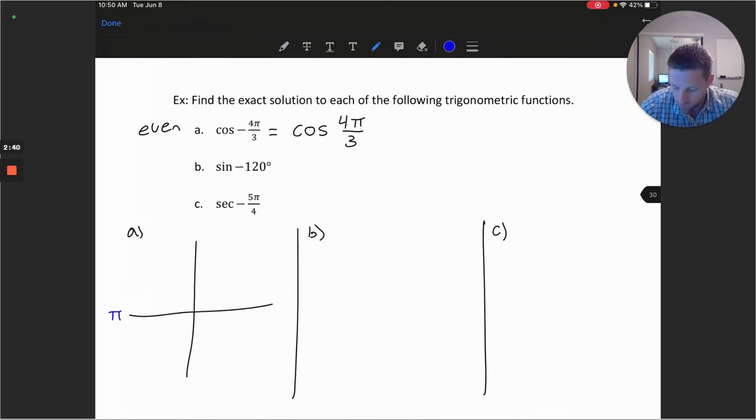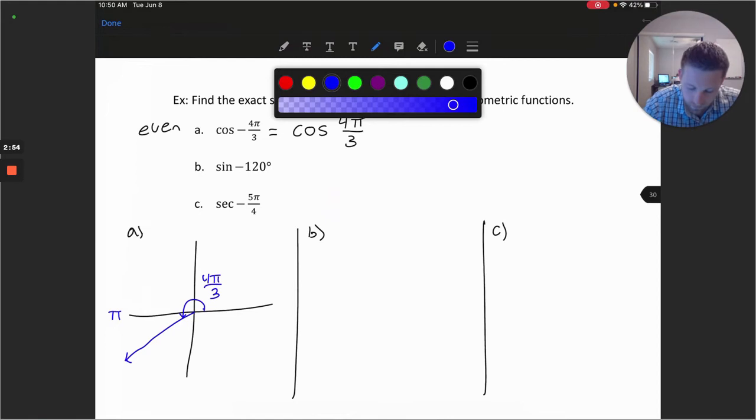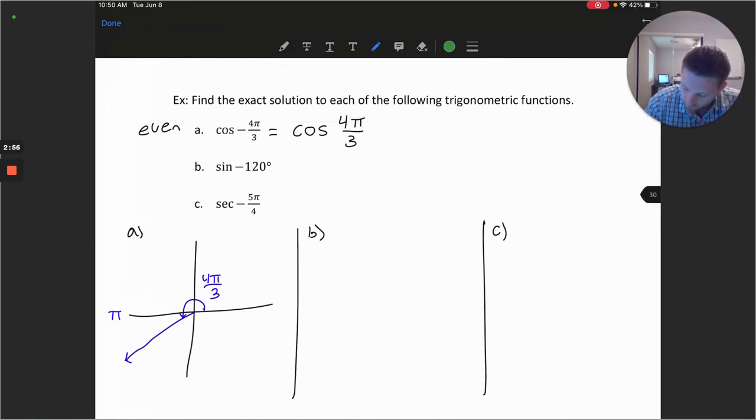And so 4 pi over 3 would wrap around to the third quadrant. It happens to have a reference angle of pi thirds, or 60 degrees if you prefer.